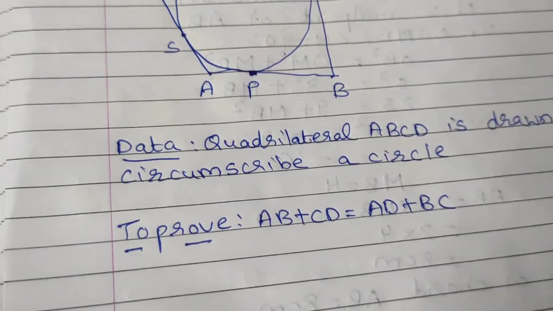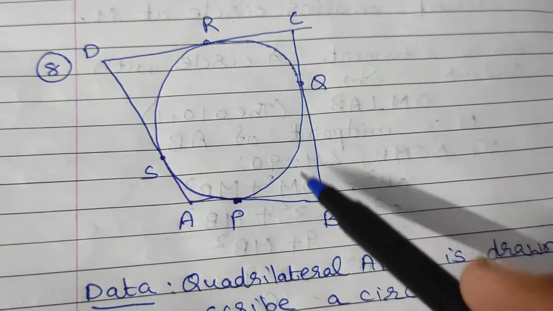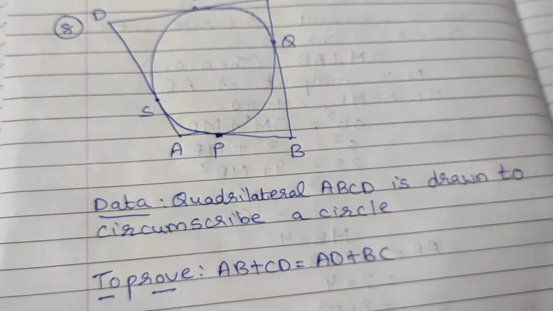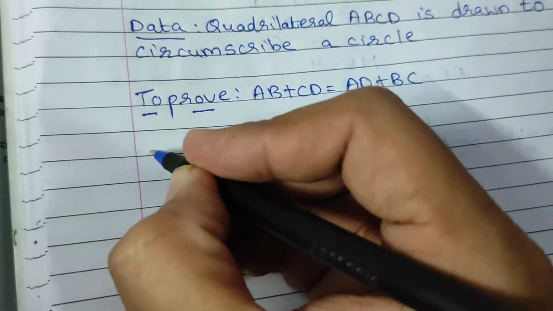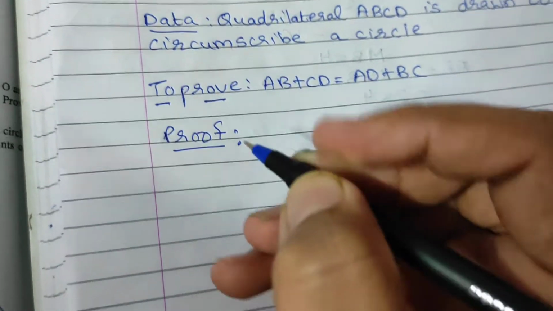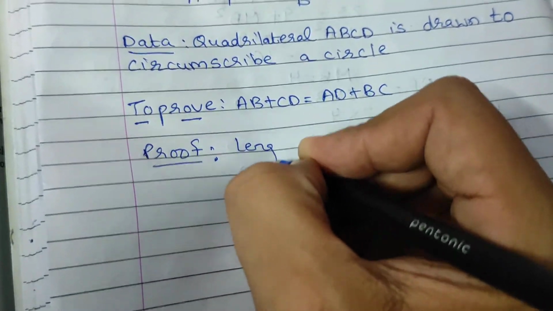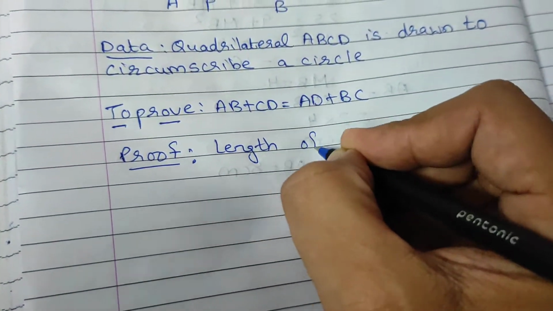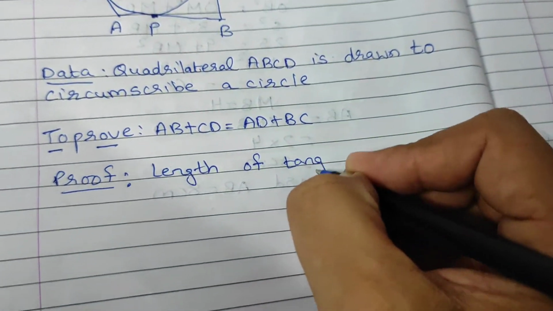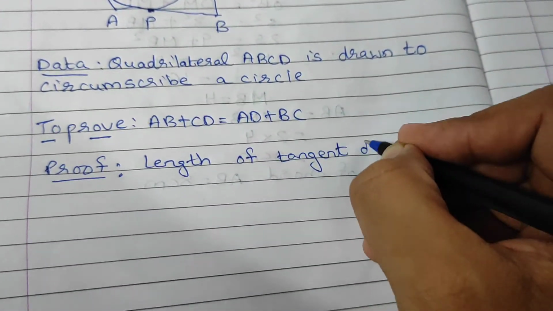Let's begin. So the same diagram which is there in the textbook I have drawn, data and to prove. Now we will begin with the second theorem, that is theorem 11.2, and the statement is: length of tangent drawn from external point are equal.